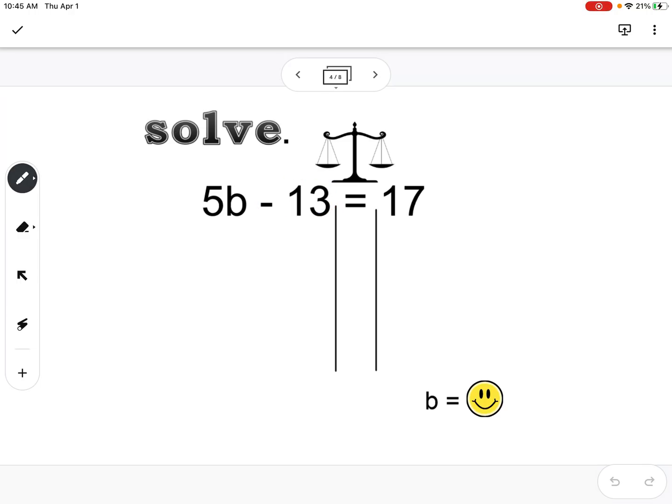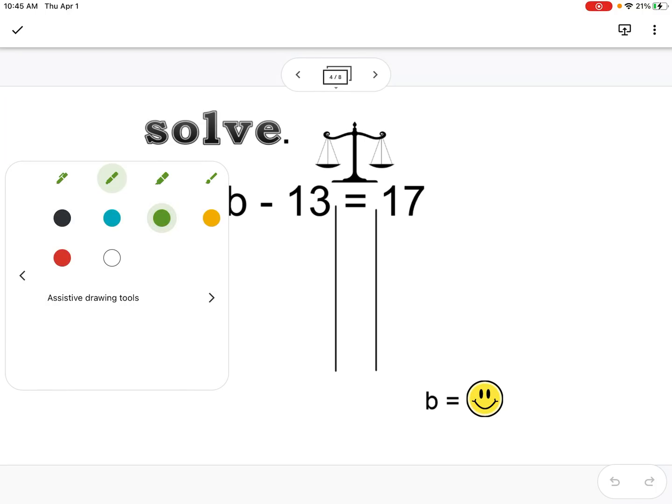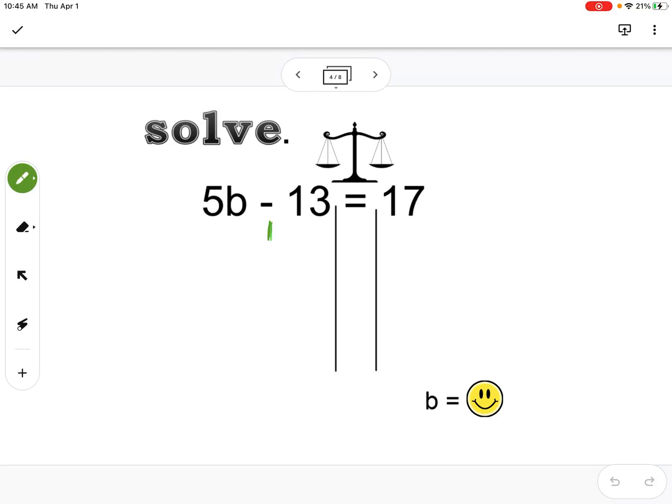If I have a negative number, think about the temperature, especially in Minnesota winters. When it's negative, in order to just get to 0, we need to actually increase the temperature or add. So that's what we're thinking about in this situation too. It's a negative 13. So to get to 0, if I owe somebody money, I have to make money to even out, right? So I'm going to add in this case to get to 0. I do it on that side of the equal sign, and I do it over here.